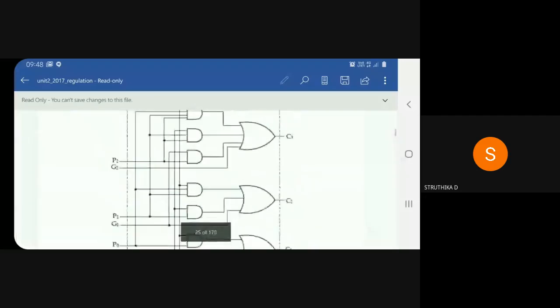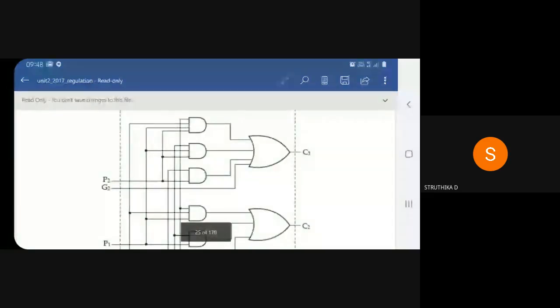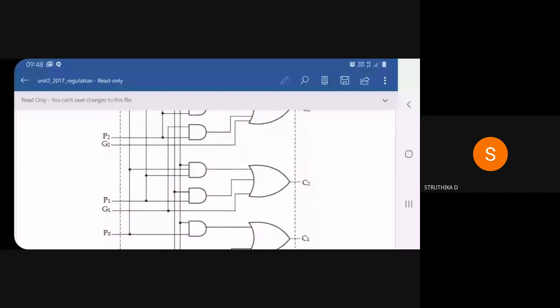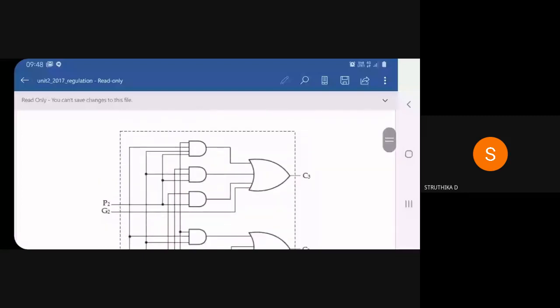With the equations we got from the Ci plus 1 equation, substituting 0 up to 3, they have drawn the circuit diagram. They have drawn the circuit diagram with the equations we just got by substituting I equal to 0, 1 and 2.